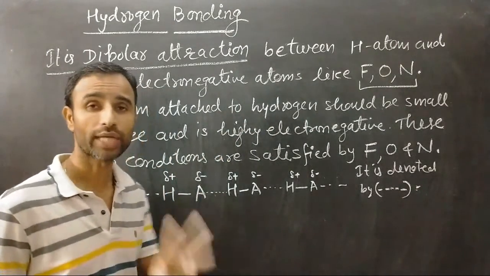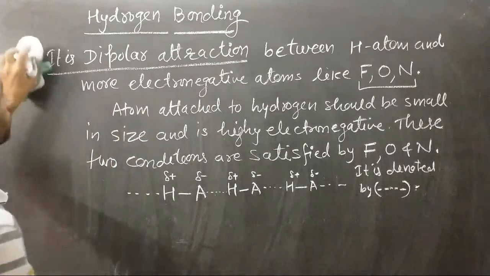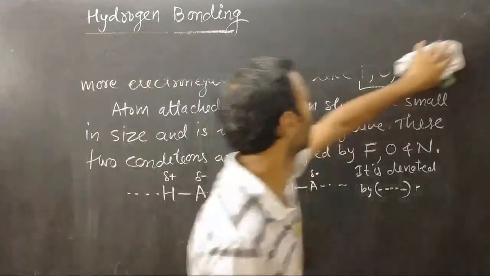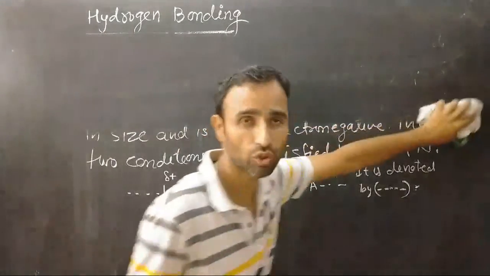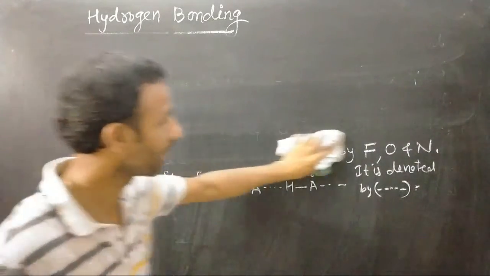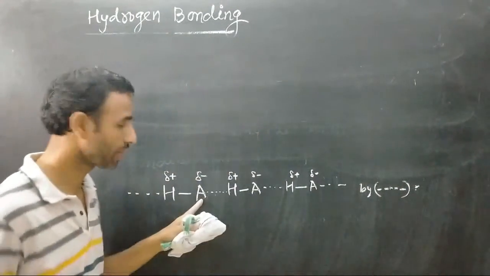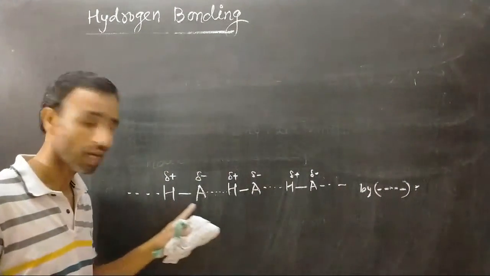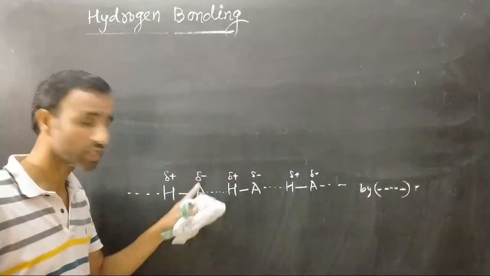Now, types of hydrogen bonding. First, when hydrogen is attached to an atom which is small in size and highly electronegative, then hydrogen gets partial positive and that more electronegative atom gets partial negative.